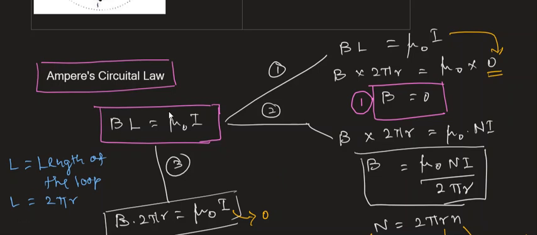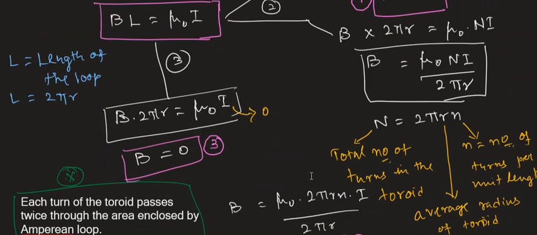Now let us find the magnetic field based on Ampere's circuit law for the three sets of points: one is internally in the empty space, then in the toroid, and the third one is in the exterior space. Inside the empty space the magnetic field is 0, and in the external space also it is 0.